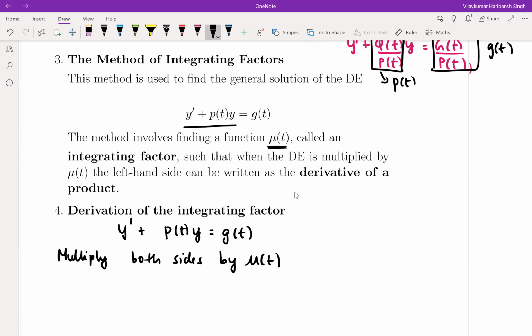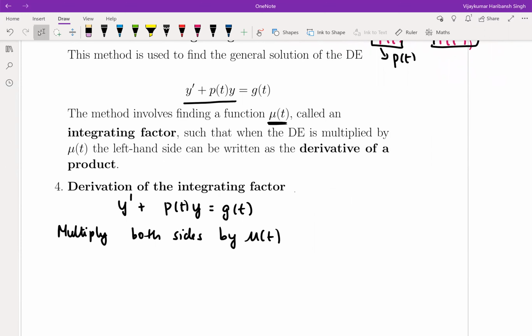So when we multiply both sides by mu of t, you have mu of t y prime plus mu of t p of t y equals mu of t g of t.